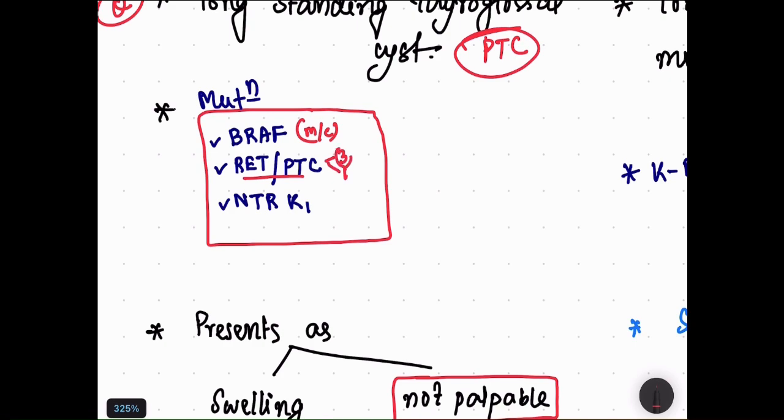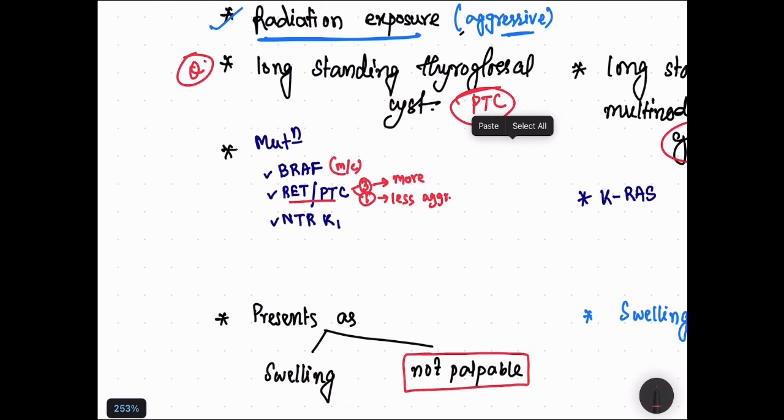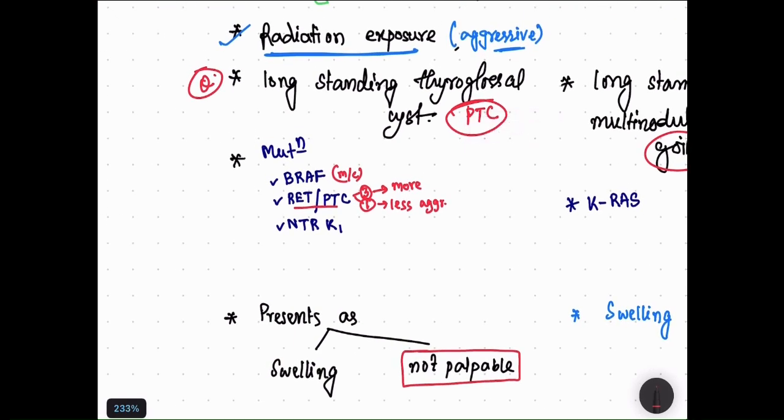RET/PTC 3 is more common, so papillary thyroid carcinomas associated with RET/PTC 3 are more aggressive, and the PTCs associated with RET/PTC 1 are less aggressive. So normally PTC has the best prognosis, but if it is associated with radiation or with RET/PTC 3, then it becomes aggressive.